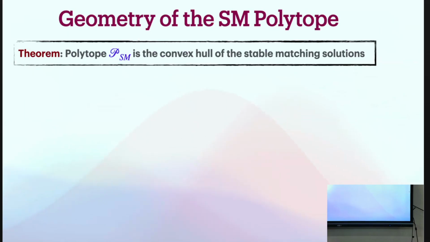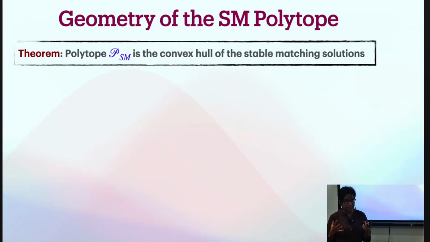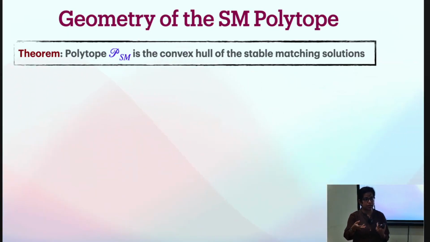By stable matching solution I mean assignments to those variables xij taken together may not give rise to a convex set, but this polytope captures the smallest convex set that contains all those solutions. Okay.